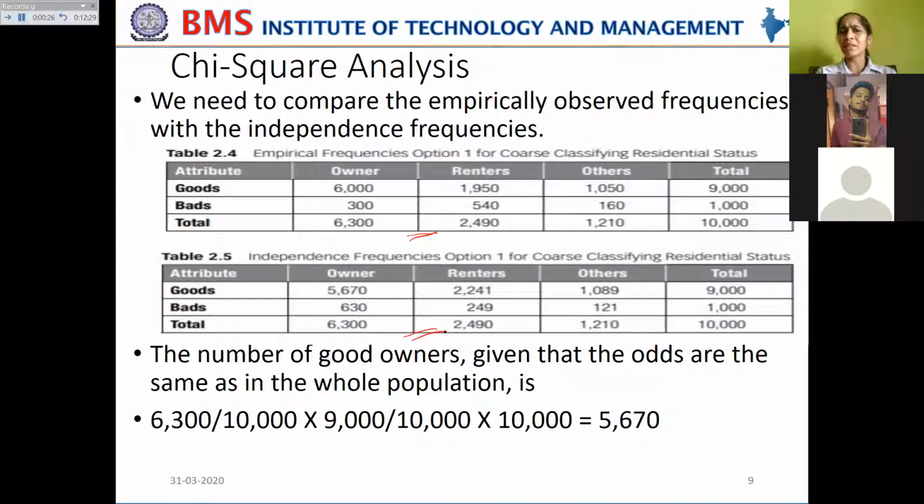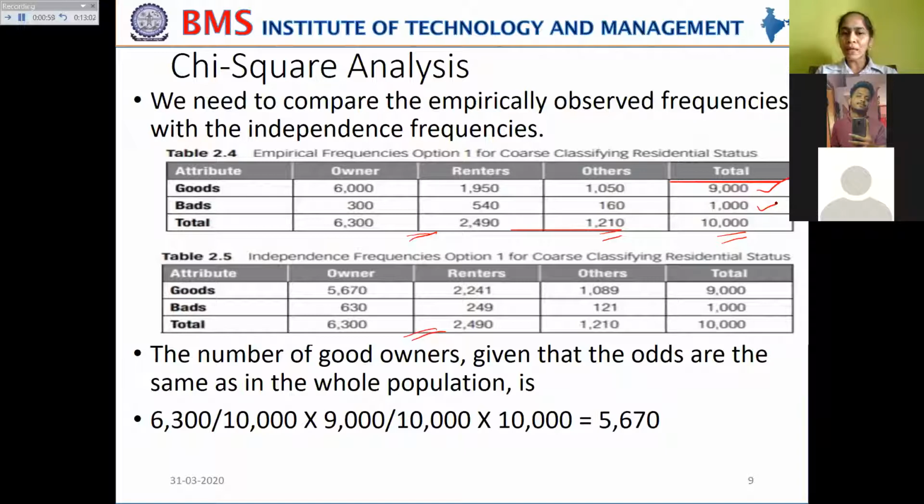Empirical frequencies are nothing but the observed values, tabulated based on the historical data available about the customers. In that we have 6,300 owners, 2,490 renters, and 1,210 other people. In total there are 10,000 data points, among which 9,000 are good payers and 1,000 are defaulters of the loan.